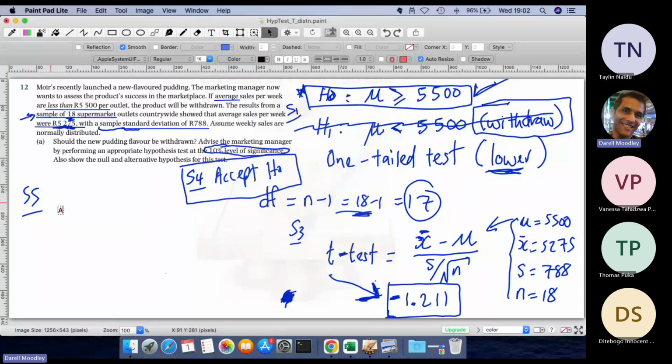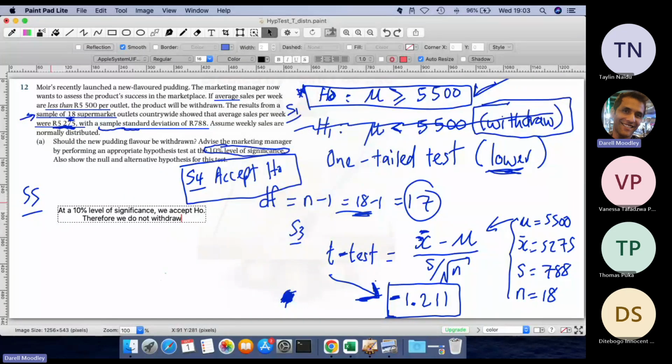I would say at a 10% level of significance, which, if you read the question, is our level of significance, we accept H0, and therefore we do not withdraw the product, or we keep it in the market.